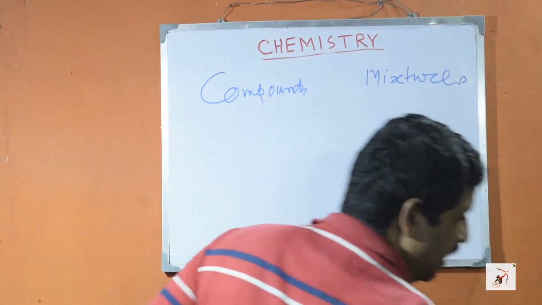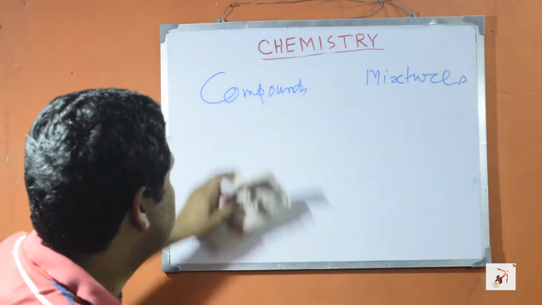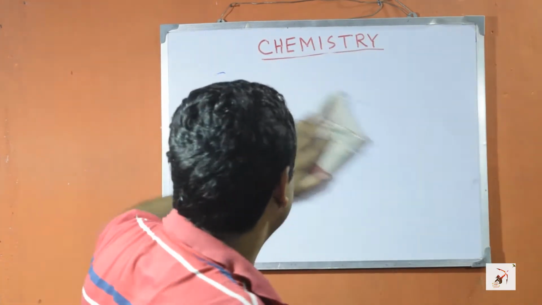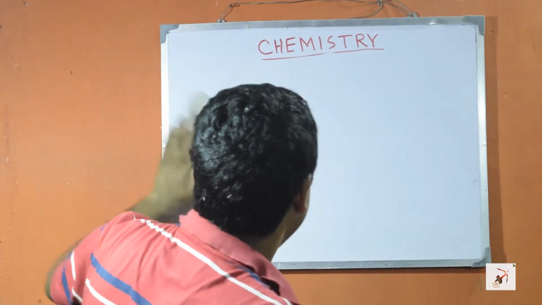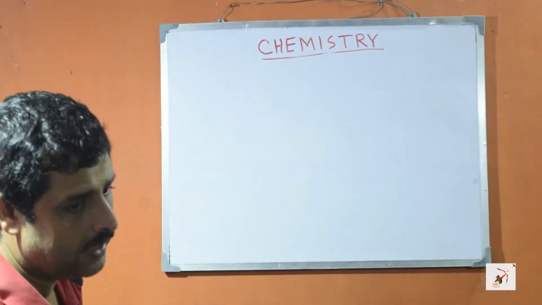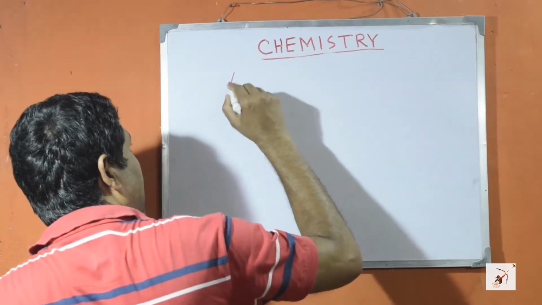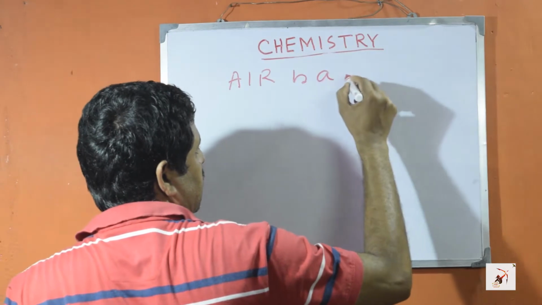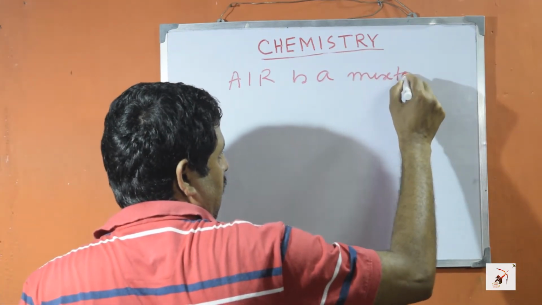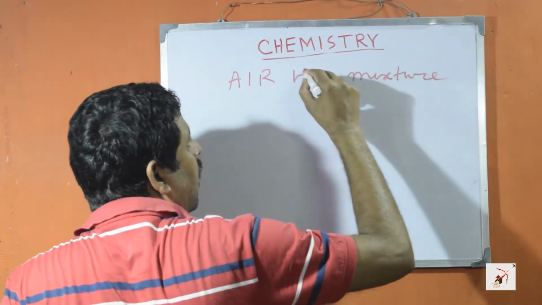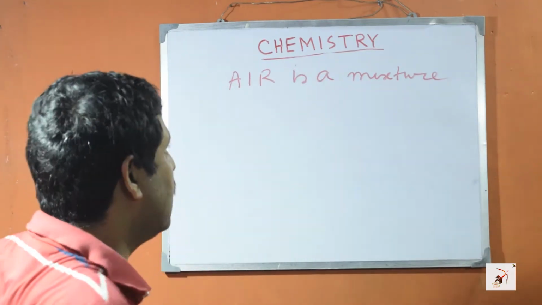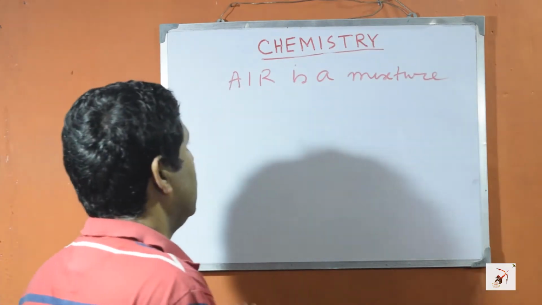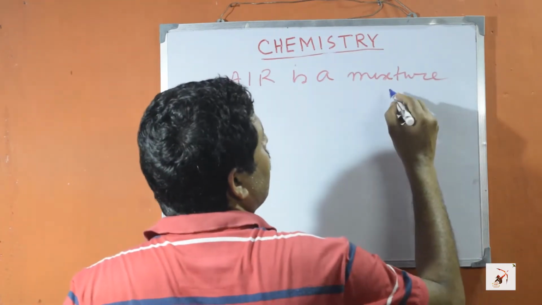So, let us discuss the matter taking some examples so that you people can learn it well. Air is a mixture. Why is it called so?